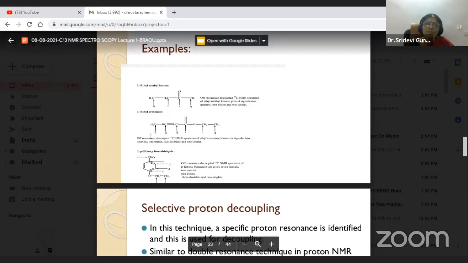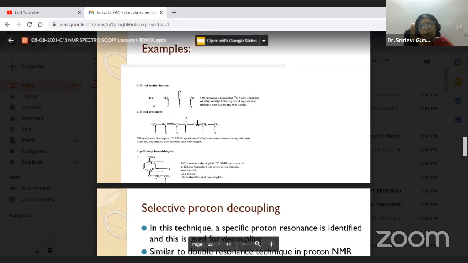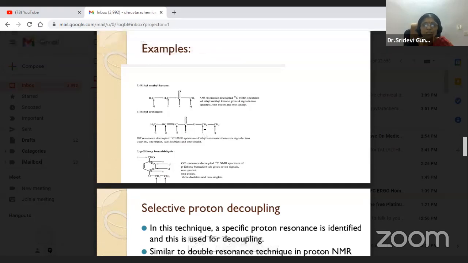All carbons are non-equivalent: the ethoxy CH3 and CH2, the ester carbon, and the double bonded alkene carbons. You get a quartet for the CH3, doublets for the 2 CH carbons, a singlet for the ester carbon, and a triplet for the CH2.